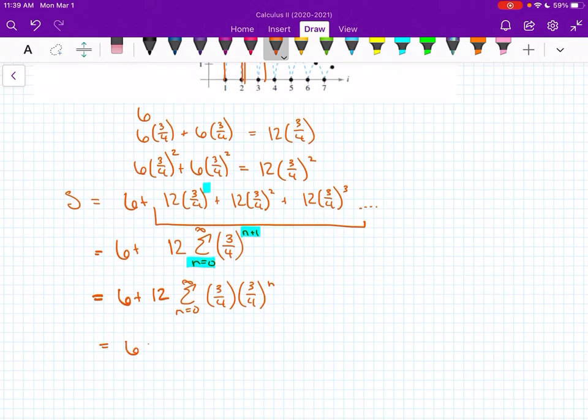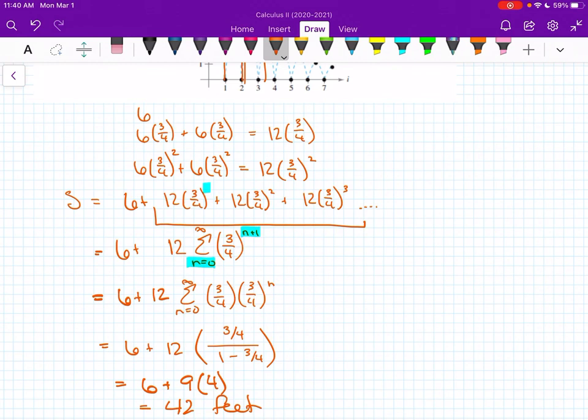And so then you can say 6 plus 12, and then all of this would be 3/4 times 1 minus r, 1 minus 3/4. So then I am going to have 12 times 3/4 is 9, and then this is a 4th, so reciprocal of 4th is 4. And so then I get 42 feet. How exciting. Okay, go ahead.